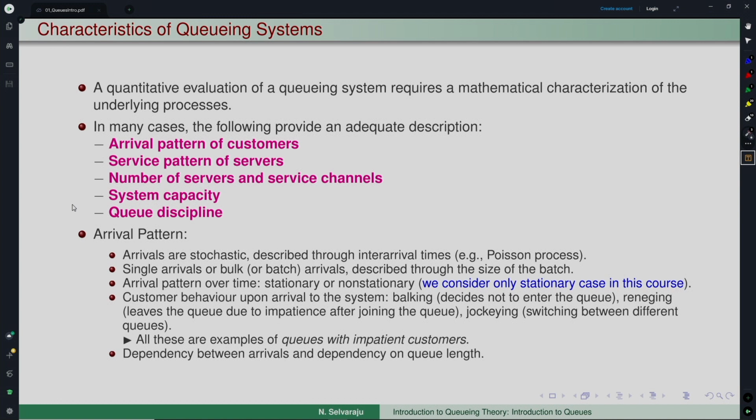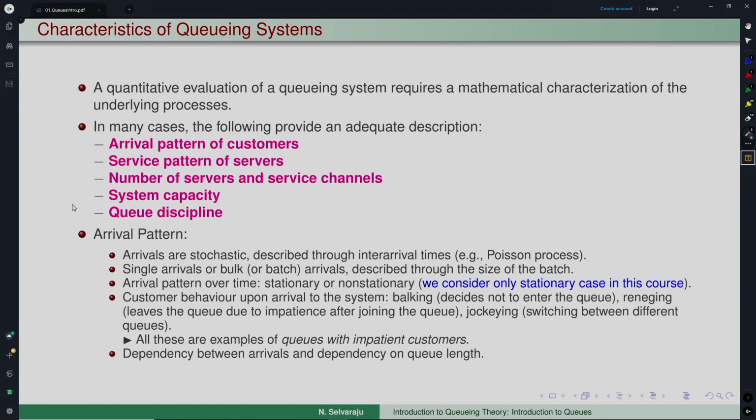When the arrivals are deterministic, which means that, for example, every 2 minutes one arrival happens, it is non-random, very deterministic. But generally that doesn't hold true in reality. So, arrivals are stochastic.